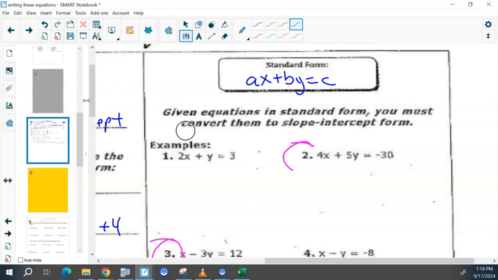So if I have something like number 1, I need to get rid of the 2x by moving it to the other side and subtracting. So that these would cancel, rewrite y equals, I'm going to switch these two, so that it's in slope-intercept form.